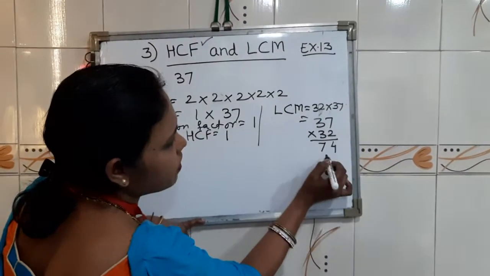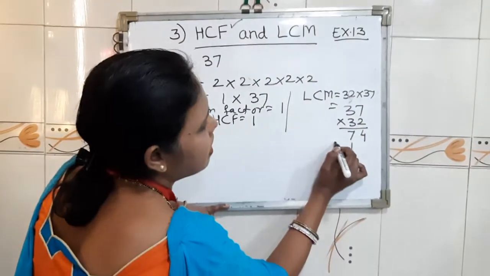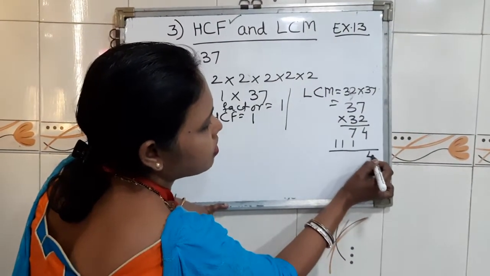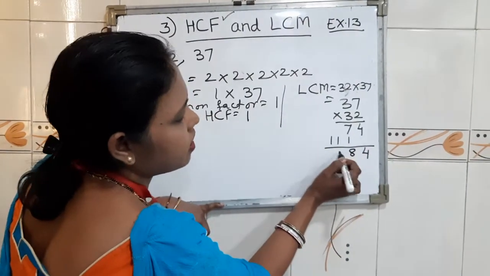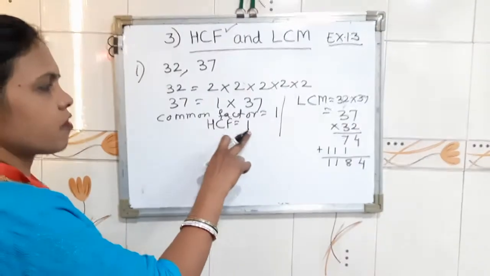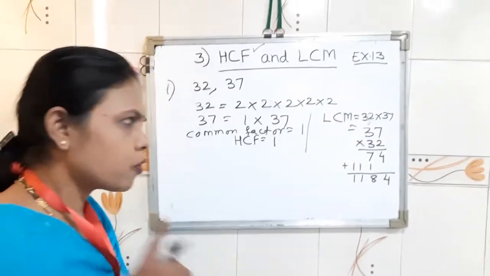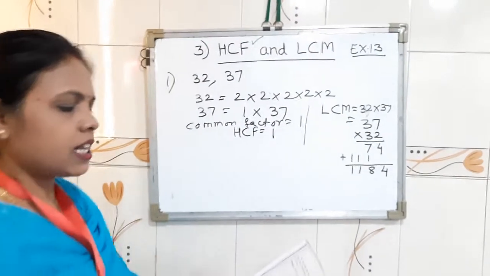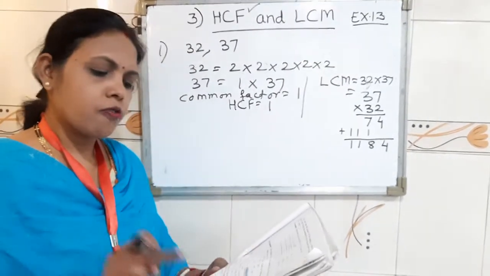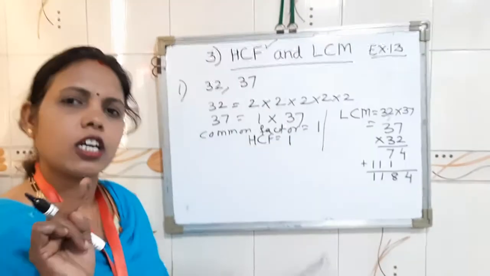Next one, 3 7s are 21. 3 3s are 9 and 1 is 10, 11. Answer 1184. Means your HCF is 1. LCM is 1184. Now you are going to verify that the product is equal to the product of the given numbers.